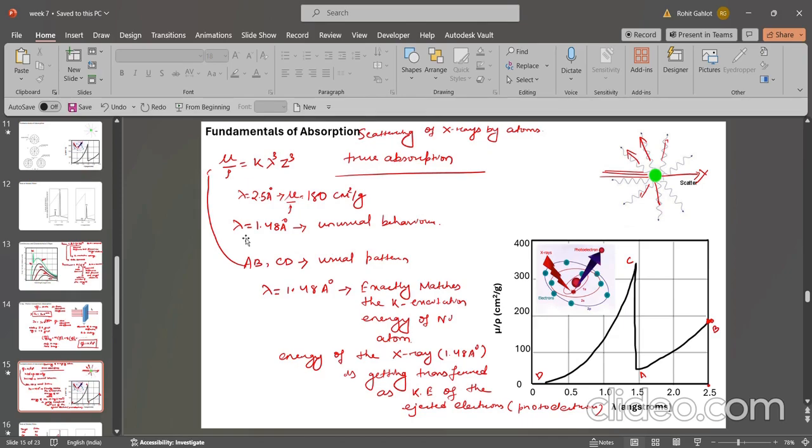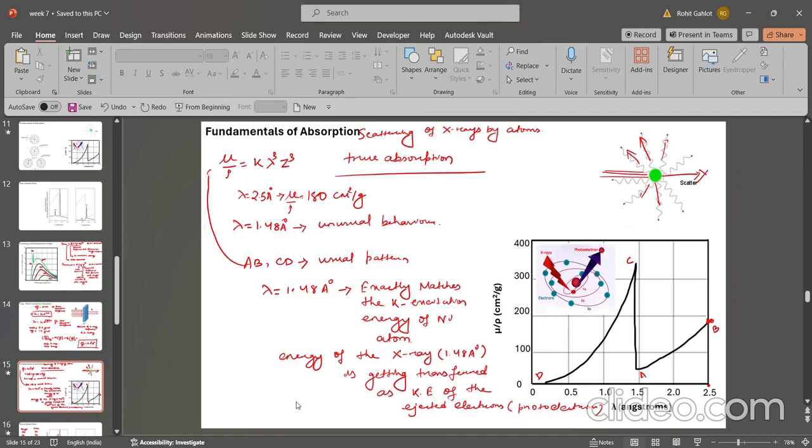This is the plot between mu by rho and lambda, where AB and CD are the usual pattern, and at lambda around 1.48 there is unusual behavior. Lambda around 1.48 exactly matches the K shell excitation energy of the nickel atom. The energy of the X-ray at 1.48 angstrom is transferred as kinetic energy of the ejected electrons.